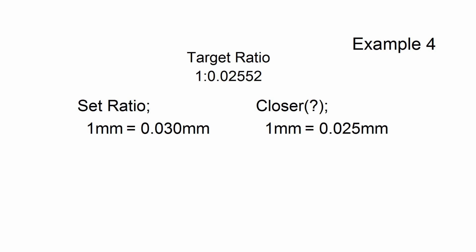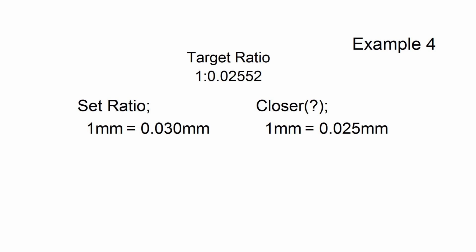One might argue that we do have the 250 available on the metric scale. So isn't 1 millimeter equals 0.025 millimeters actually make that ratio go down? Wouldn't that be better? And in all arguments, yeah, if we're that close, it might be the better choice.